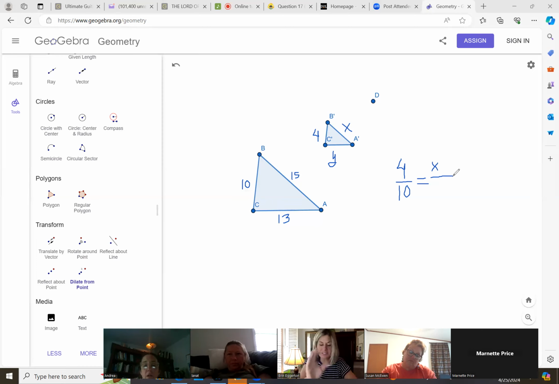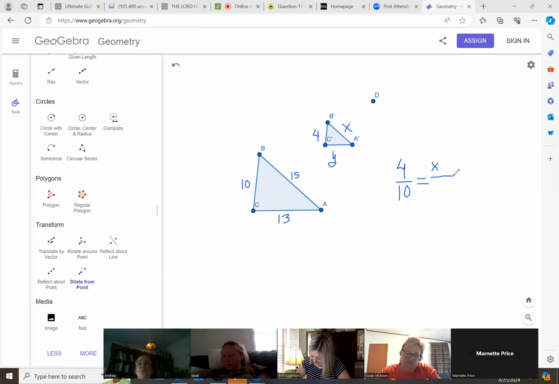Think of a copy machine: if you're doing 150%, that's times 3/2. But if you want it smaller, you have to multiply by a fraction that's less than 1. Like if you took it times 2/3, your copy would get smaller. Or in this case, times 4/10, 2/5.